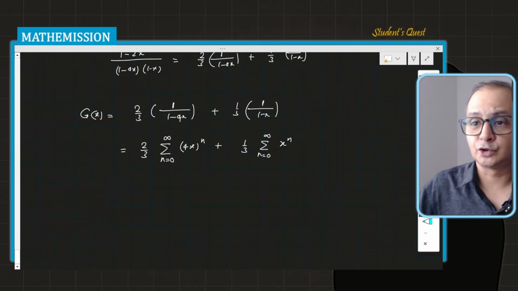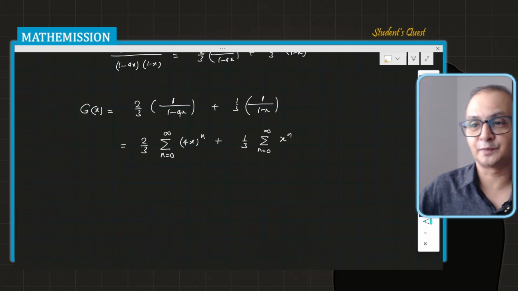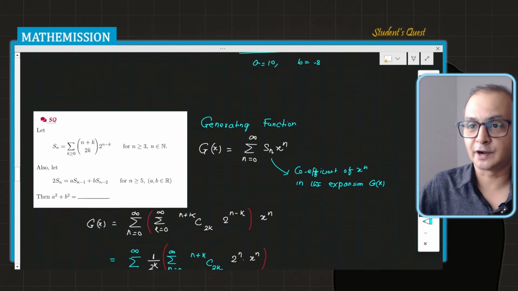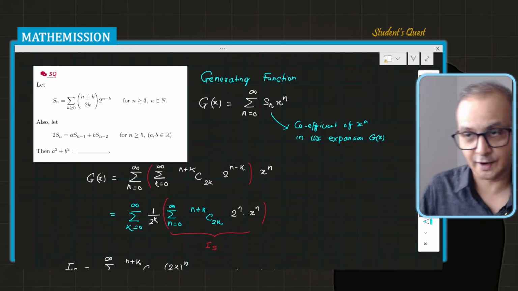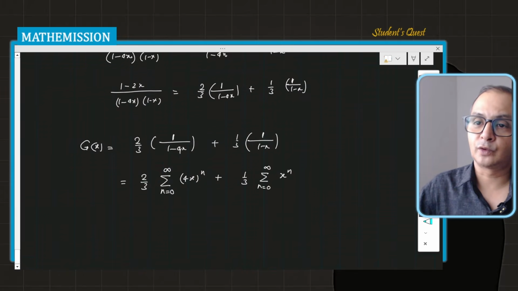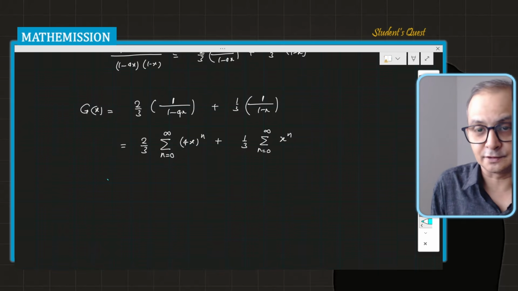If I ask you what is the coefficient of x to the power n, because please notice in our generating function, when we started this whole drama, our aim was to find the coefficient of x to the power n. So what is your answer?